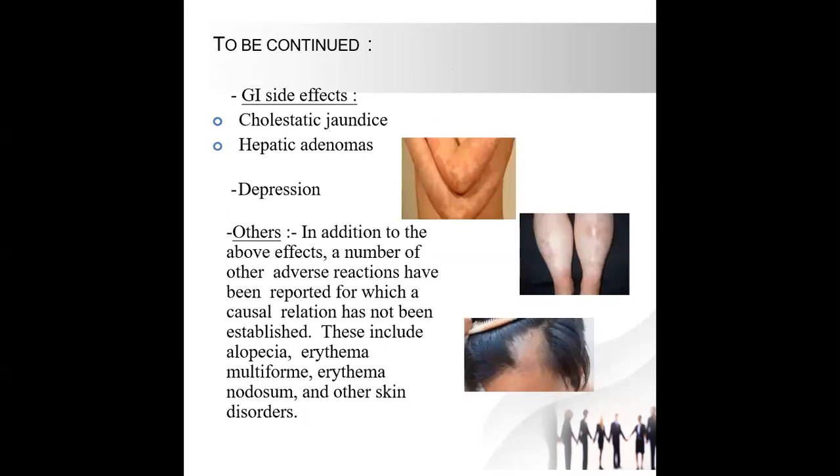Apart from this, there are other side effects which are called gastrointestinal side effects. These are cholestatic jaundice, hepatic adenomas, and other side effects like depression. In addition to the above effects, a number of adverse reactions have been reported for which a causal relation has not been established.